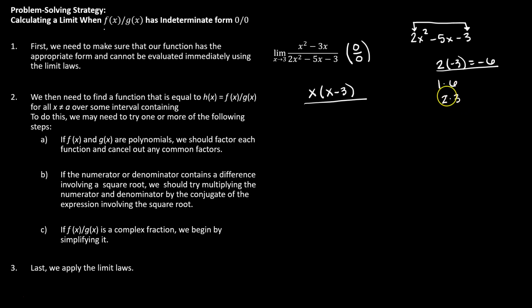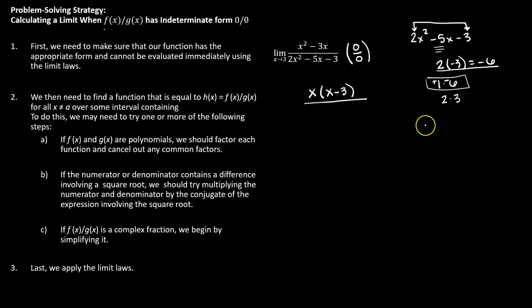I'm going to pick the pair of numbers that when I add them together, I get my middle number, negative 5. So if I made 1 and 6 with the 6 negative and the 1 positive, when I multiply them together, I get negative 6. When I add them together, I get negative 5, so that is the winning choice. I'm going to use positive 1 and negative 6 to separate my middle term.